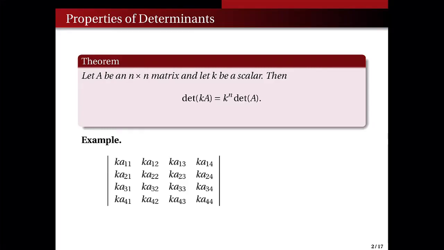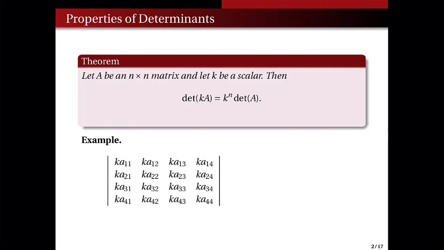So for example, if you have this 4 by 4 matrix and you want to get the determinant, notice the entries have K as a scalar multiplier. So you have KA11, KA12, KA13, KA14, etc. until KA44. So K is multiplied to the matrix with entries A11, A12, A13, A14 until A44.